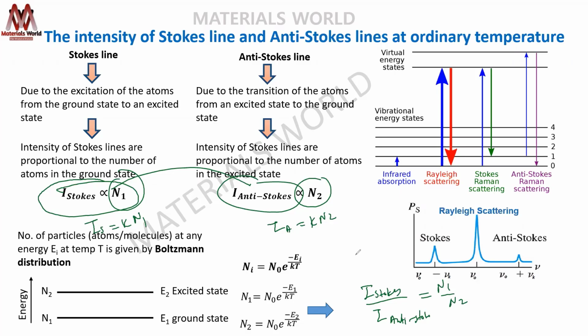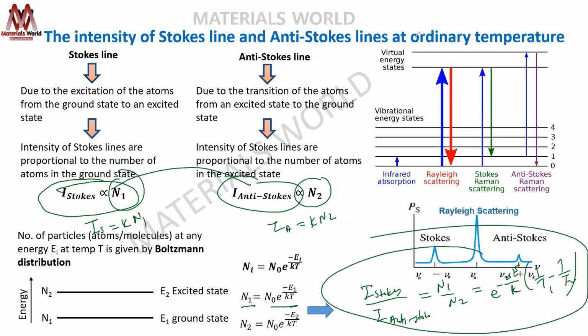And what is N1 by N2? You can calculate it here: e to the power minus E1 by K. Of course, it will be delta E. It is similar to the diffusion or vacancy question. Delta E by K, 1 by T1 minus 1 by T2.